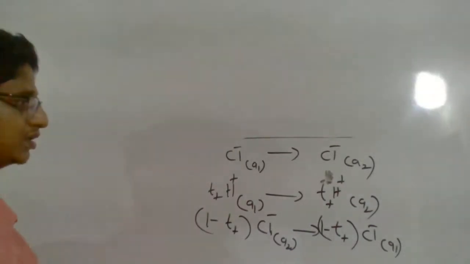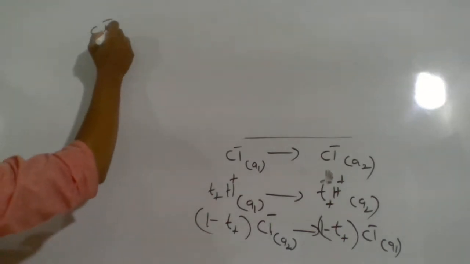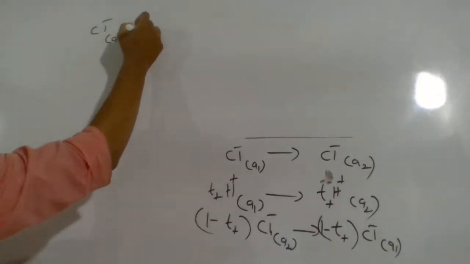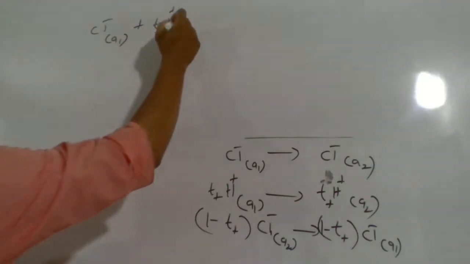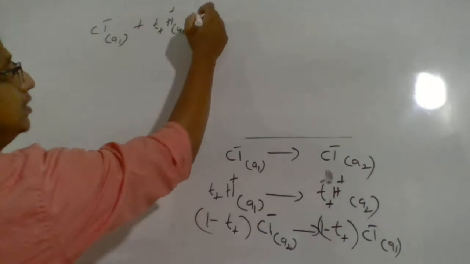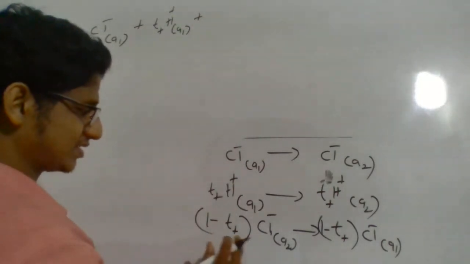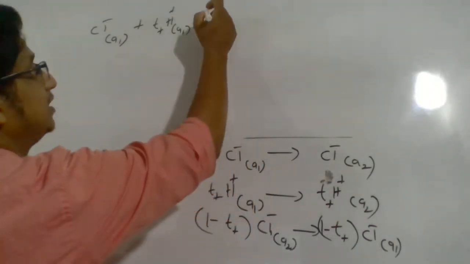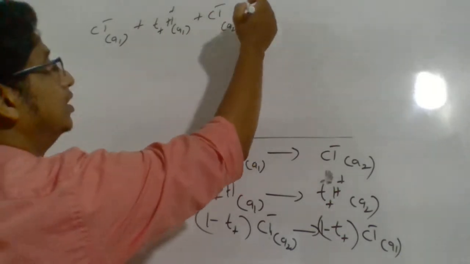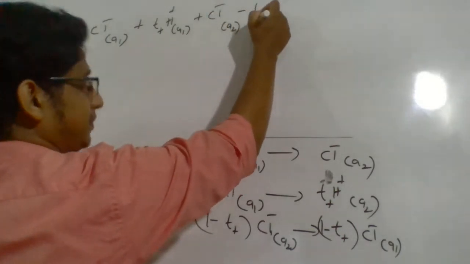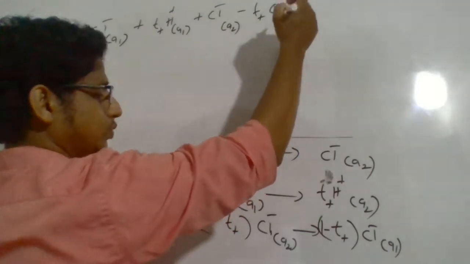You will get Cl minus A1 plus T plus H plus A1 plus, now you expand it, 1 minus T plus into Cl minus, so it will be Cl minus A2 minus T plus Cl minus A2.